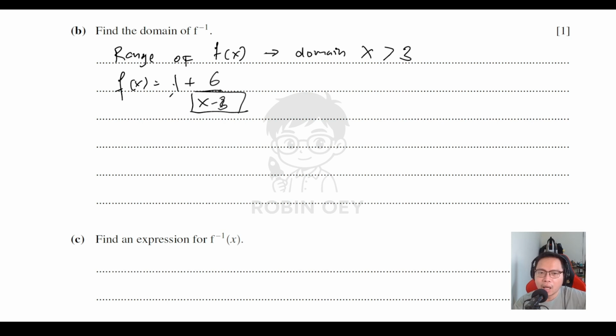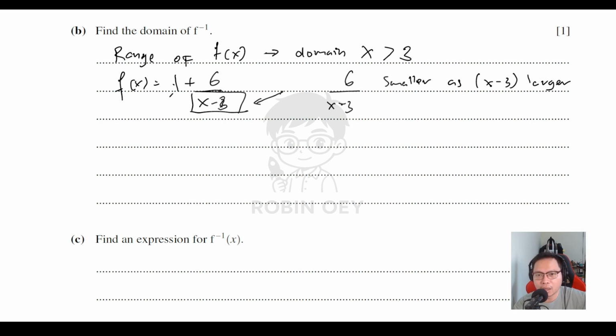Now if we look at this fraction, as we know with all fractions, if the denominator gets bigger, then the value will be smaller. So 6 over (x minus 3) becomes smaller as x minus 3 gets larger. Eventually it will approach 0 because we don't have an upper limit.